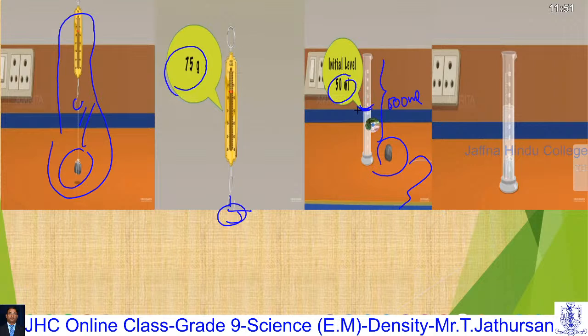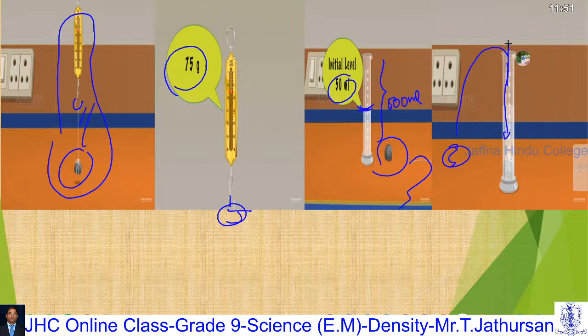Then tie the stone using the twine and immerse the stone into the measuring cylinder. Hold the free end of the twine. What is the observation?